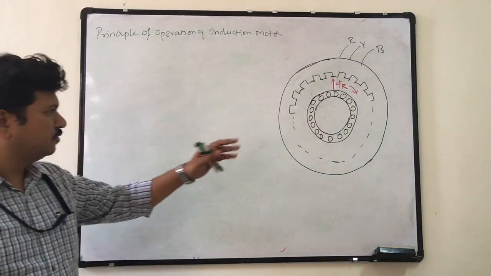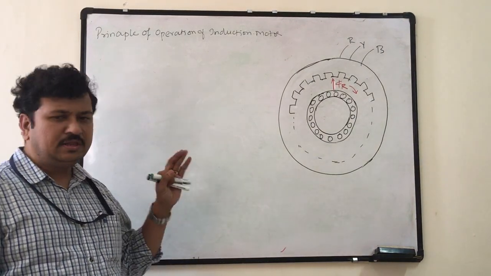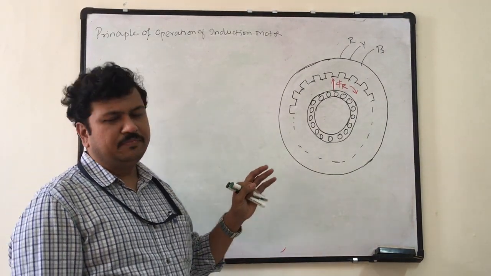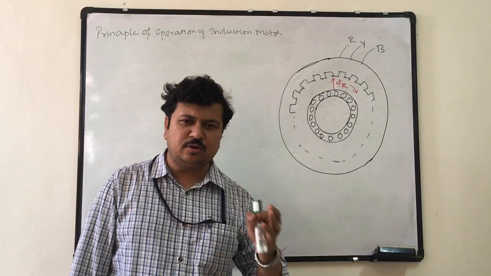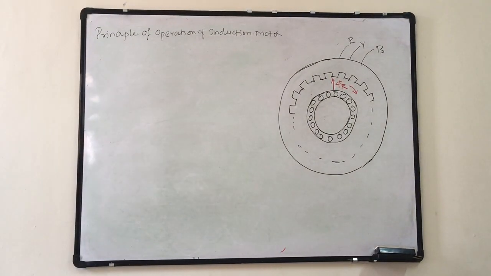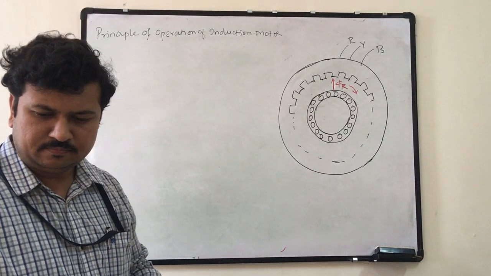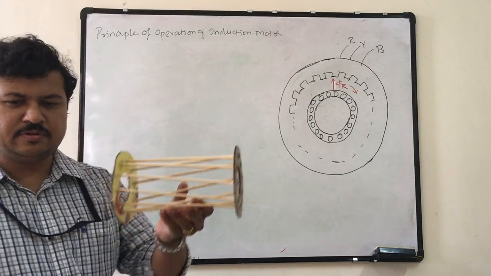In a squirrel cage induction motor, it is very evident that all the conductors in the slots are connected to the end rings through brazing, and that forms a short circuited structure. So this is the squirrel cage rotor.